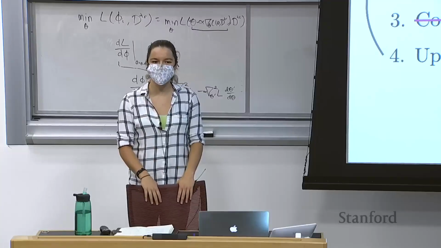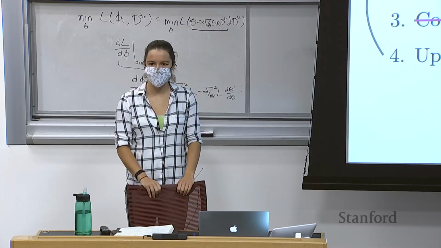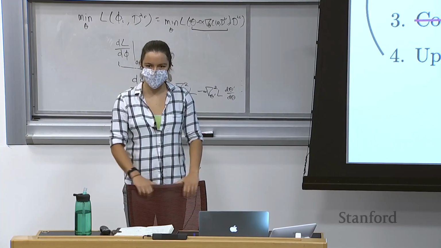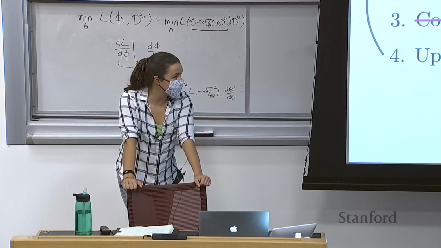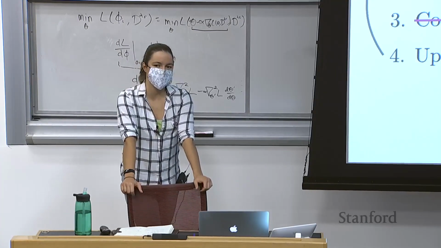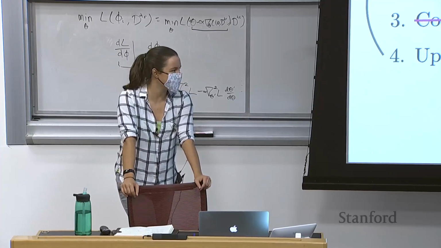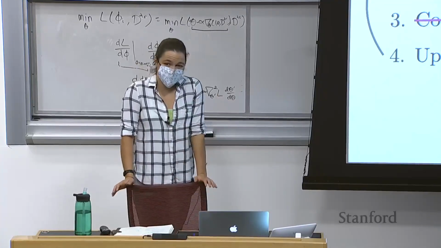Yeah? So I remember you mentioned earlier that usually you only take one step during training, I guess to avoid overfitting. But at inference time, would you take multiple steps or go to convergence? Yeah, it's a good question. So typically in the inner loop, you often use one step, mostly just for computational reasons. It can be challenging to backpropagate through a lot of gradient descent steps. It also seems to work pretty well.